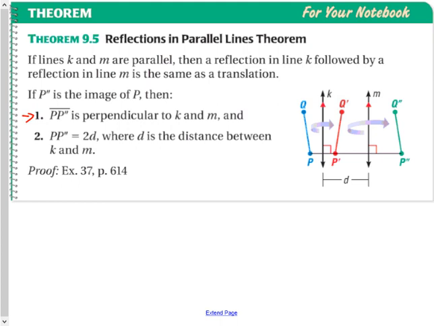Reflecting a second time, we're continuing with another perpendicular bisector. And so that's why we get 2D, a distance away from the line, and then another different distance away from the line. So perpendicular twice gives us perpendicular, and P double prime equals 2D, where D is the distance between the two parallel lines.